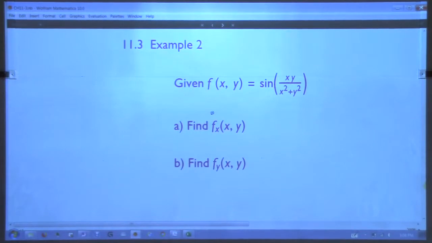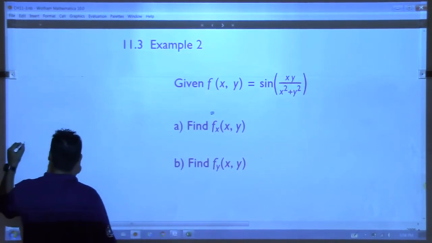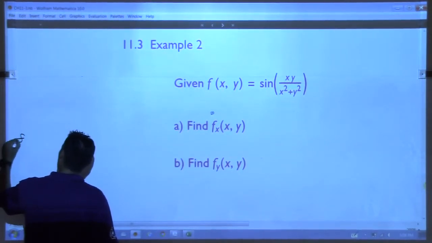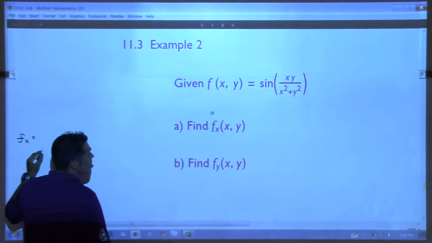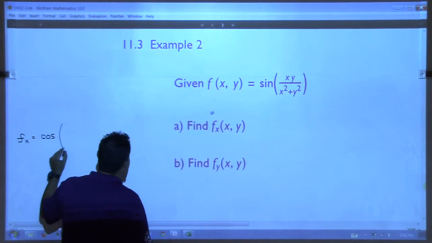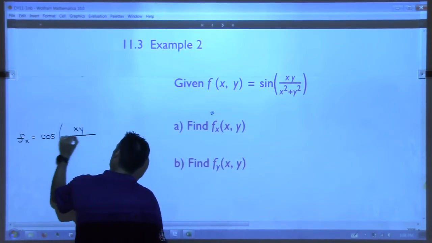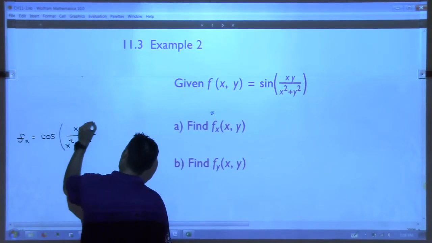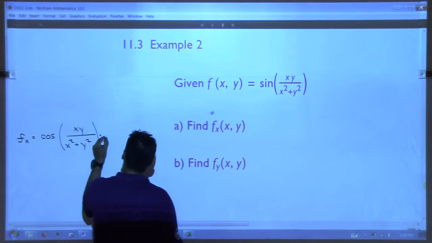Yes, that's it. And the derivative inside is going to be a quotient. Well, the top is going to be relatively high minus high. Is x squared. Yeah, so it just becomes cosine of x y over squared y.